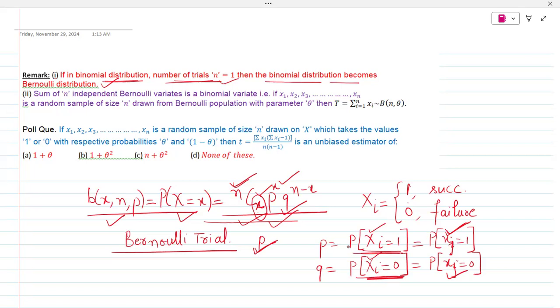Actually, how will a population have a Bernoulli distribution? What is the meaning? If I am saying that a population has a Bernoulli distribution, then the meaning is that we can turn any population into a Bernoulli population.